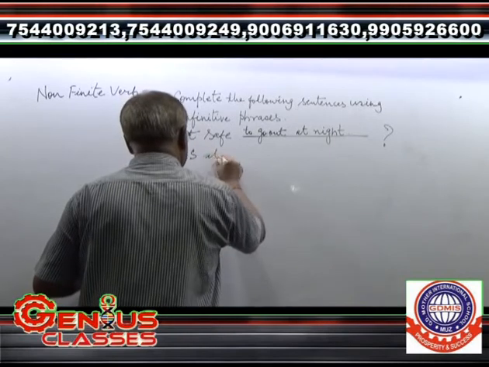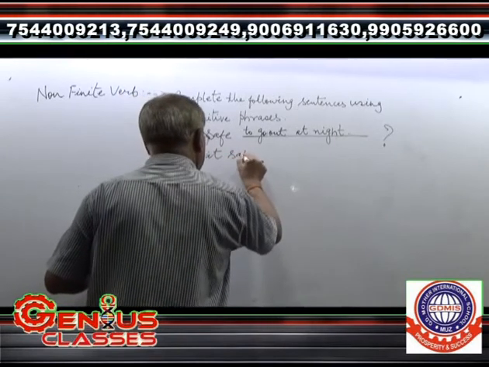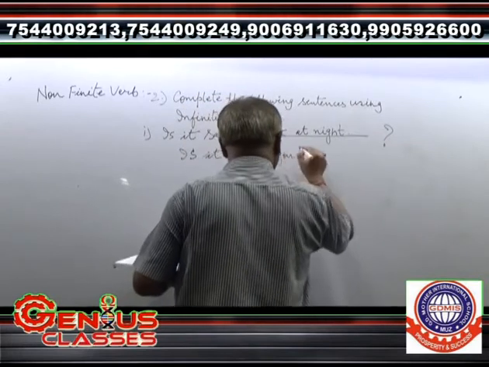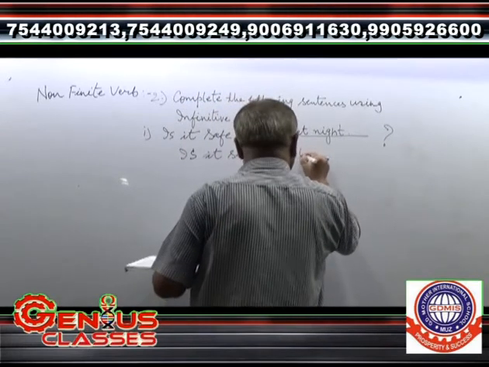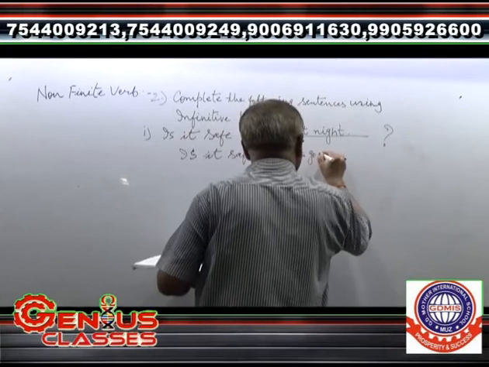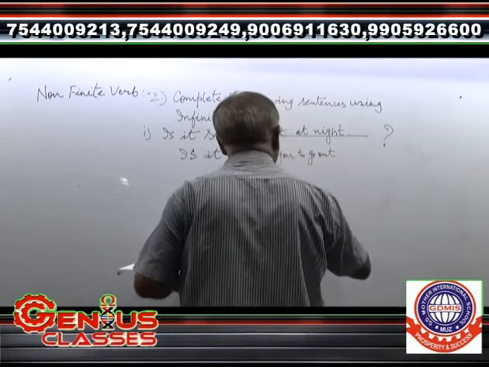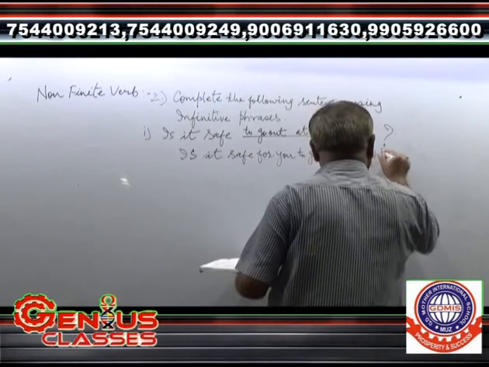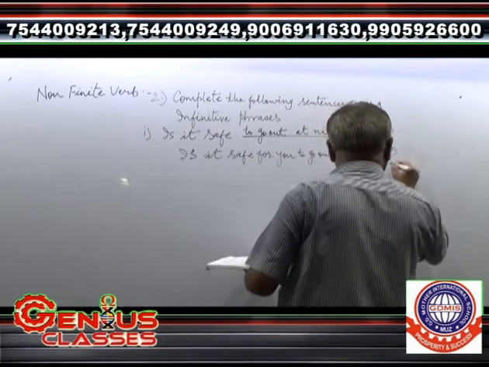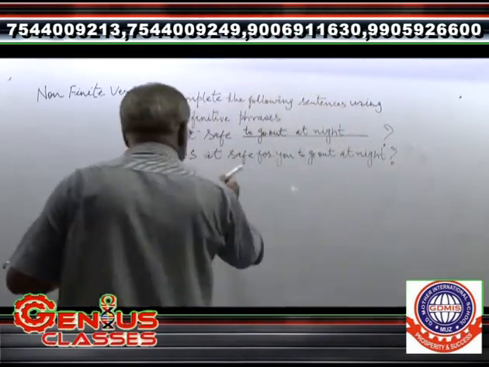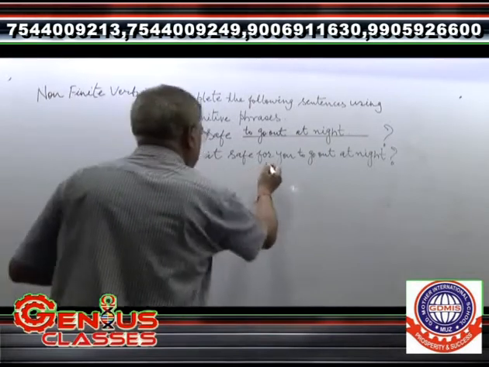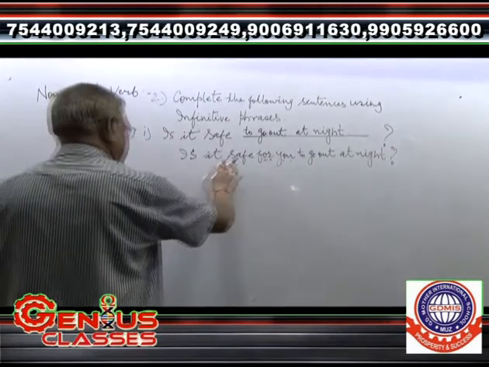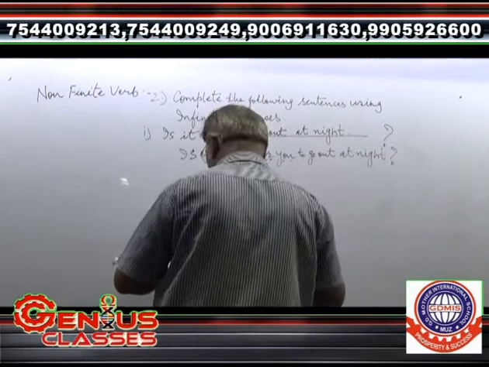Is it safe for you to go out at night? So here, after the adjective, the for also has been used, and then after it a noun. So is it safe for you to go out at night?